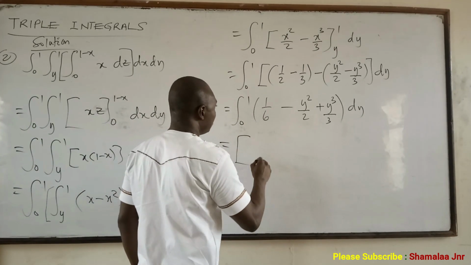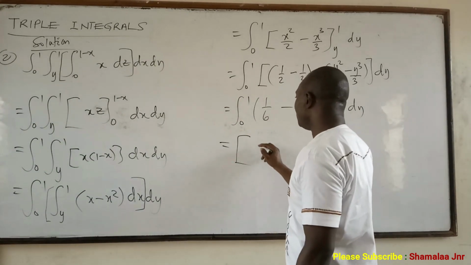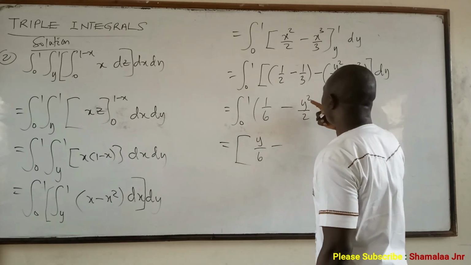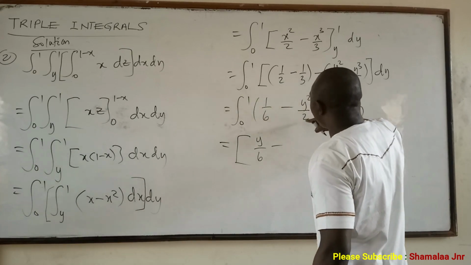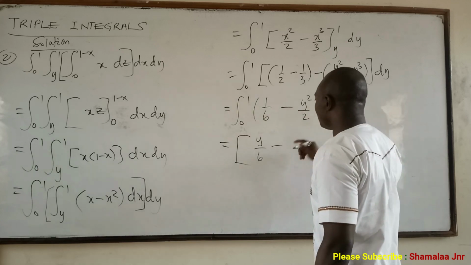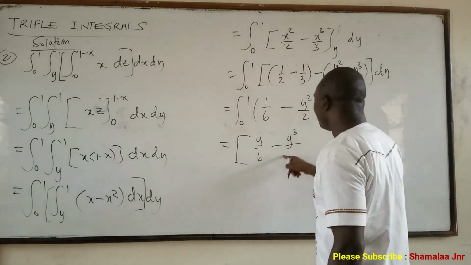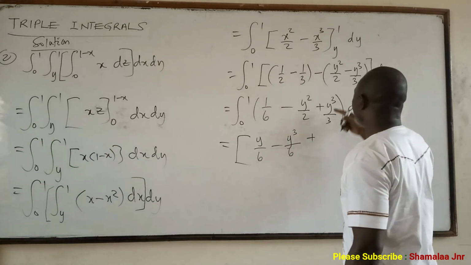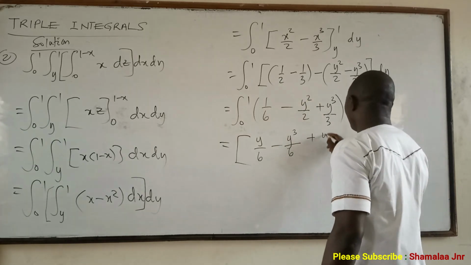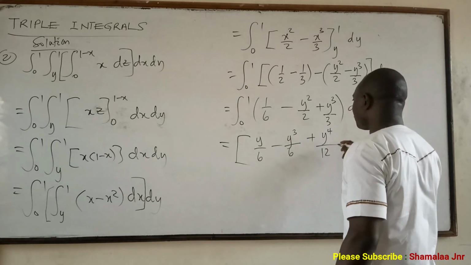So if you integrate this one with respect to y, it will be y over 6, minus, when you integrate y squared, it will be y cubed over 3, so y cubed over 2 times 3, that is 6, plus, when you integrate this one, it will be y raised to the power 4 over 4 times 3, so 12.